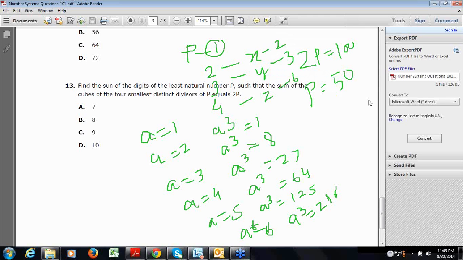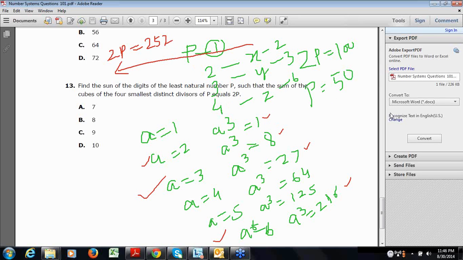In that case, what will happen? 2p will be equal to 252. So we have taken 2, 3 and 6: 216 plus 27 plus 8 plus 1. So it is 252.